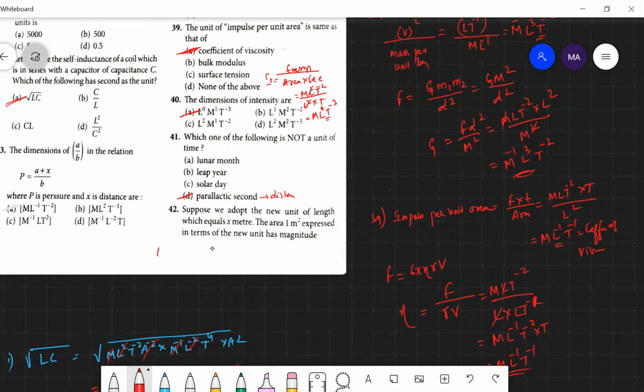So area is equal to L square. The new unit is x into meter, whole square, and that will be equal to one new unit of area. That means 1 meter square will be equal to 1 by x square new unit. That must be the answer.